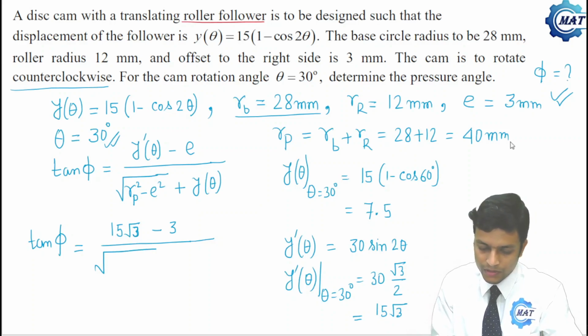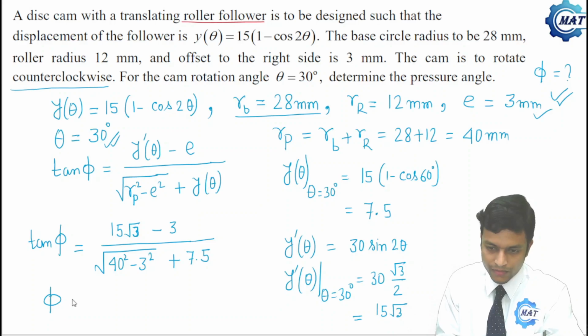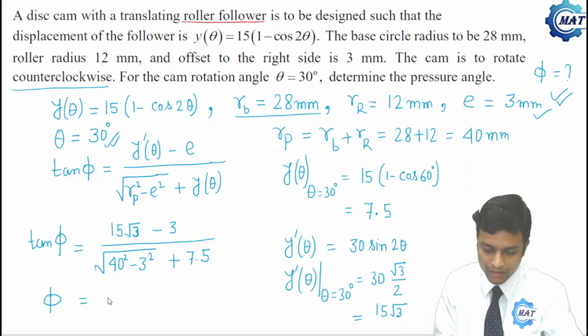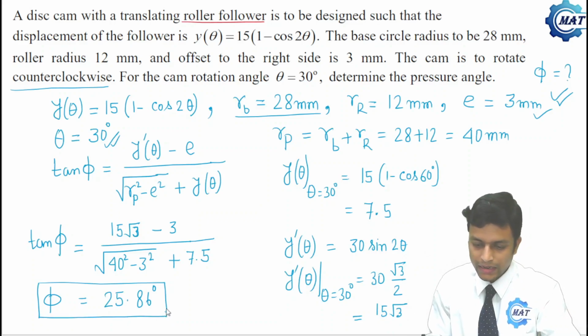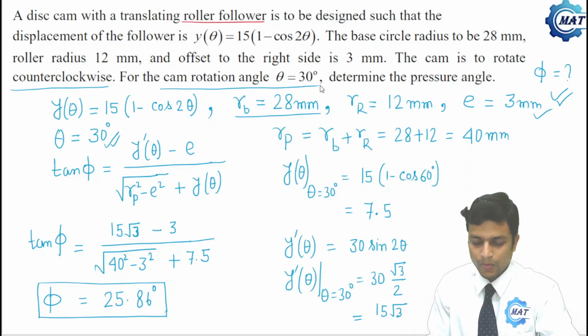Rp is 40 mm, so 40 square, e is 3 mm, that is 3 square, plus y of theta is 7.5. Now let us calculate. You will get the value of phi as 25.86 degrees. So this is the value of the pressure angle corresponding to cam rotation of 30 degrees.